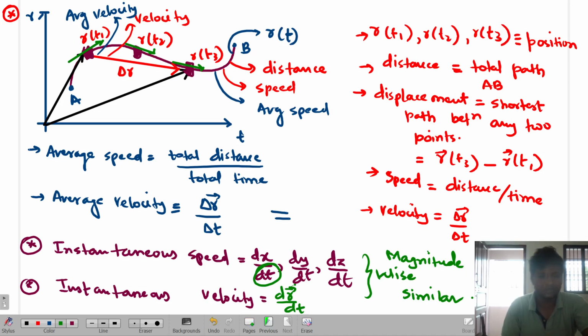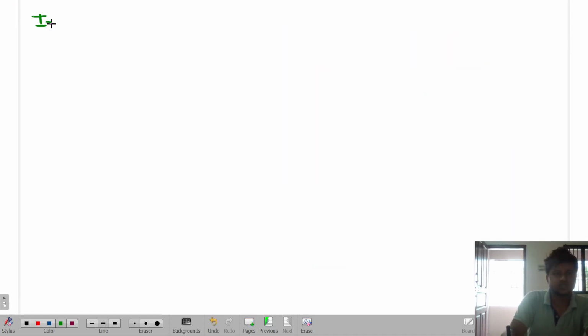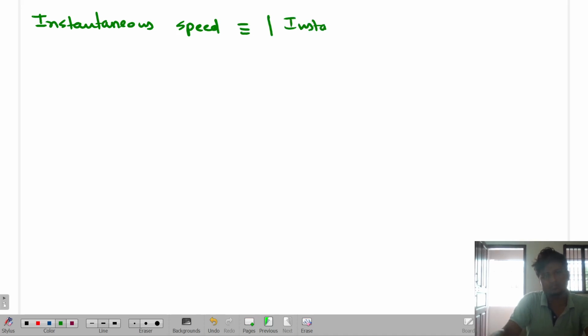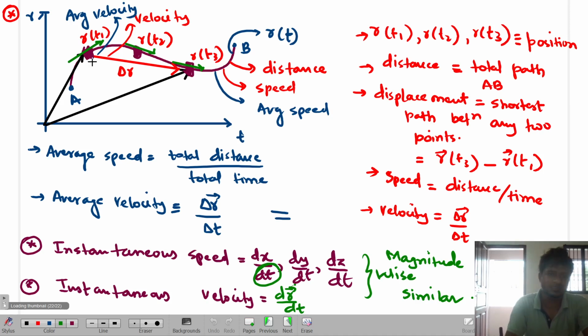Okay, so remember that instantaneous speed is exactly equal to the magnitude of instantaneous velocity. Because in instantaneous velocity just one thing happens, the direction is added. Here also instantaneous speed is defined, but with the arrow, it is the instantaneous velocity.